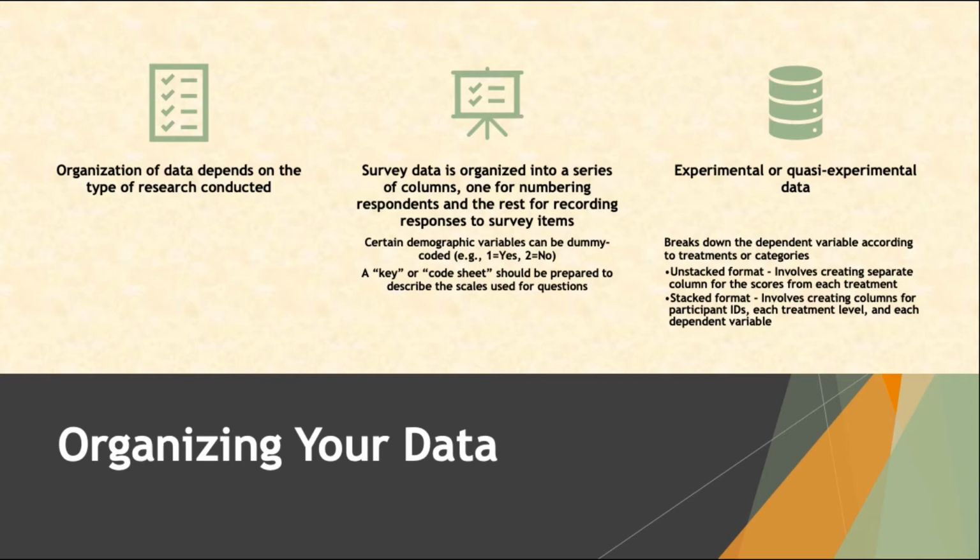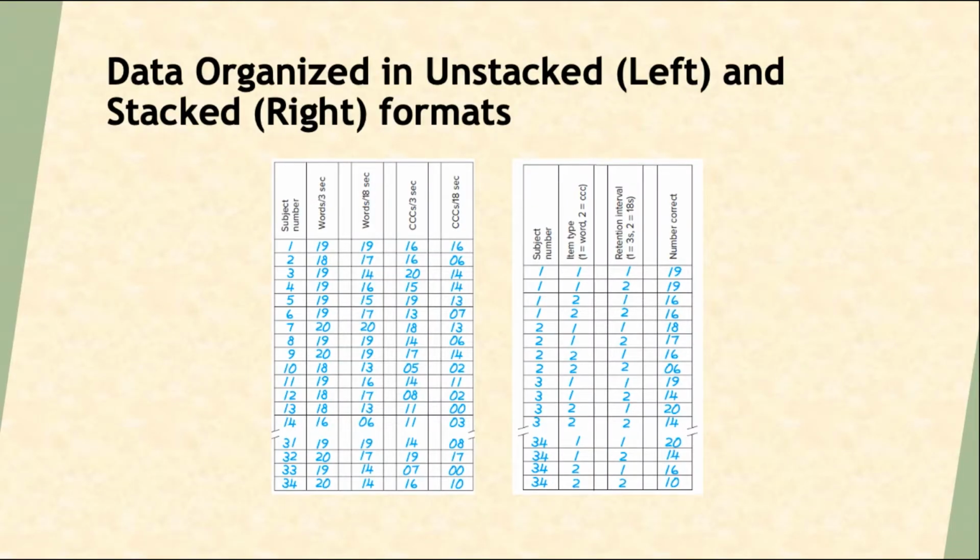In this format, you create one column for the participant IDs, a column for the treatment level, for example dummy coded, and a column for each dependent variable. This is an example of the unstacked and stacked tables. You can see here they're quite similar, but have some differences in the way of presentation.